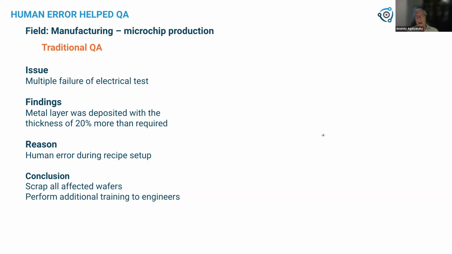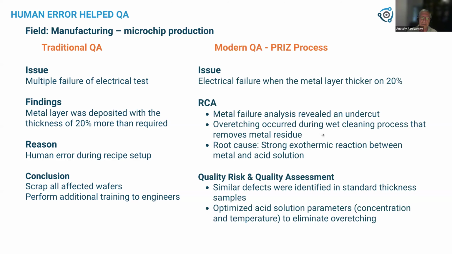So I completely disagreed with this. I said, no, guys, the wafers fail the electrical test not because of a mistake, but because our process is not robust enough. And now we have an excellent opportunity to investigate it and understand the real root cause of the issue.